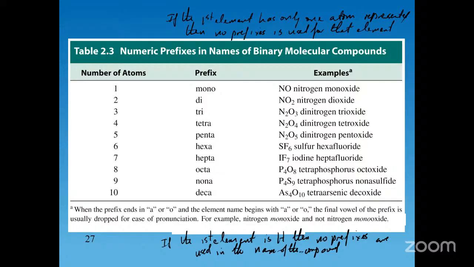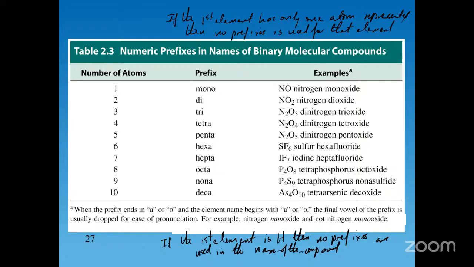In this chart here, there are some examples to the right of this table, which show how to name these compounds. If we start with the first one, NO, that's a formula. According to the IUPAC rules, the name of this compound is nitrogen monoxide. You'll notice that for the nitrogen, there are no prefixes. Why?